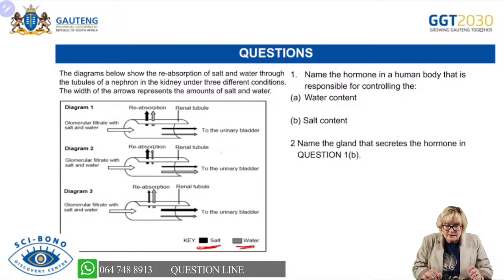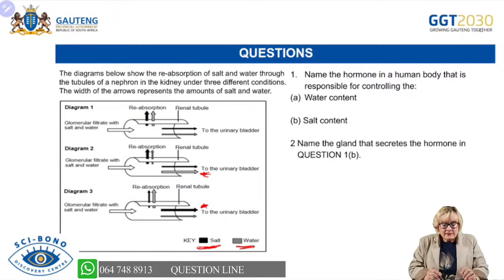So it's more or less the same salt and water. If we look at diagram number 2, you will see that there is more water, this one is the biggest, and less salt. And in diagram number 3, you will see that there's a lot of salt and less water. And I know it doesn't look like a nephron, but they're just showing you what is in the tubule of the nephron under 3 different conditions.